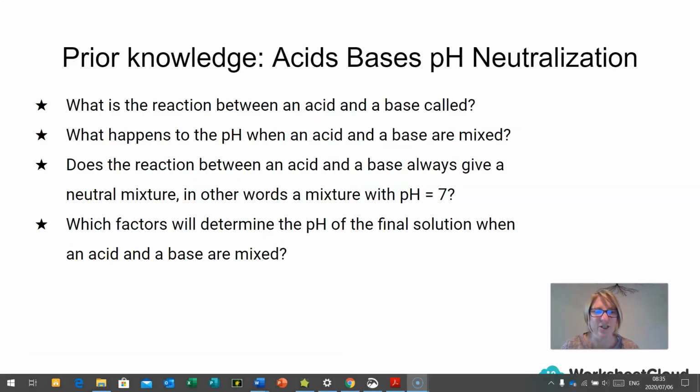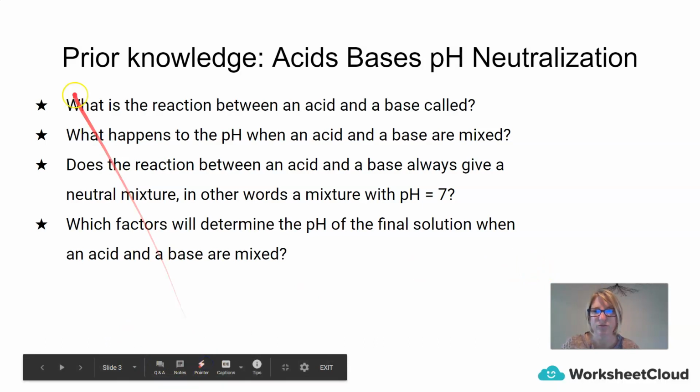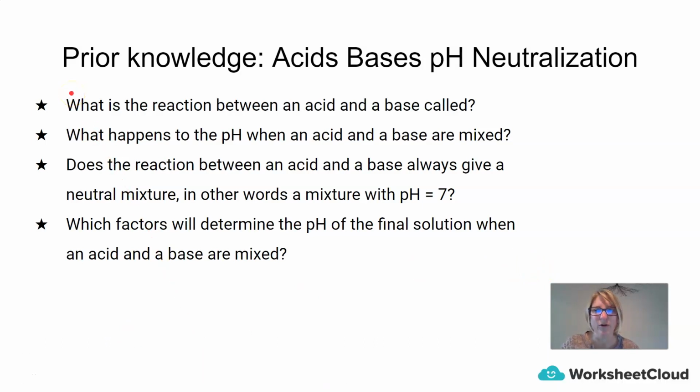So prior knowledge that is beneficial to having covered for this lesson, but it's not essential, is general knowledge on acids, bases, pH, and neutralization. So it would be helpful if you know what the reaction between an acid and a base is called, and that is known as a neutralization reaction.